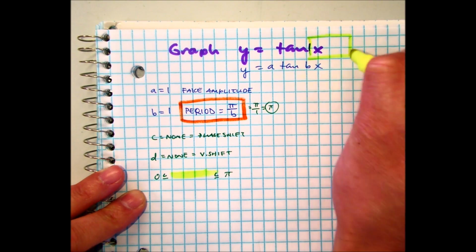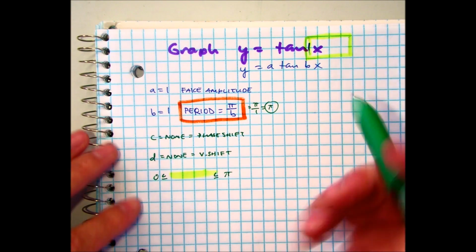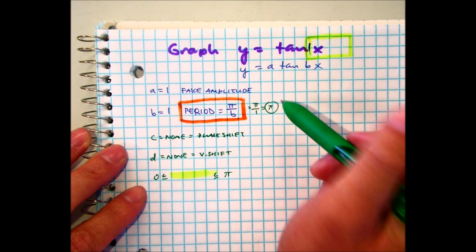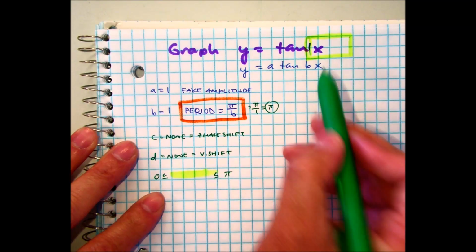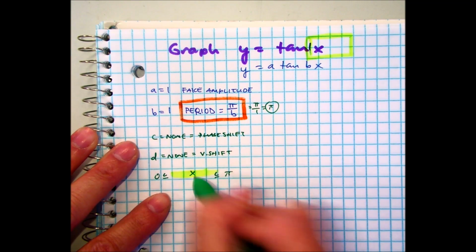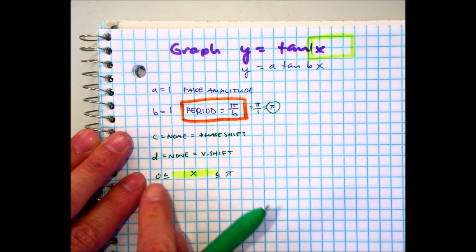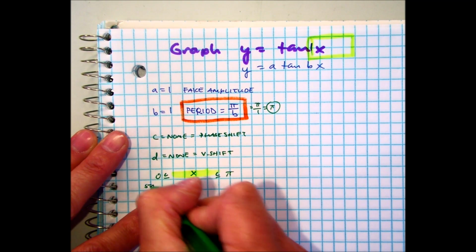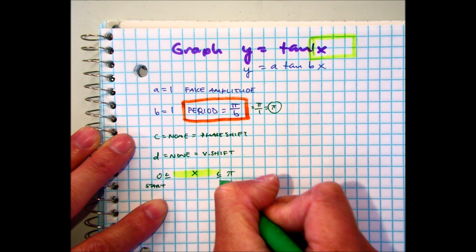Everything to the right of the trig function you're going to put there. We've kind of done that before, haven't we? Most of the time you did that when you saw the parentheses. You can do it when you don't have any parentheses like we're going to do. And this is going to show you why my values are going to be between 0 and pi. So I'm going to start here at 0, and then I'm going to end by pi.